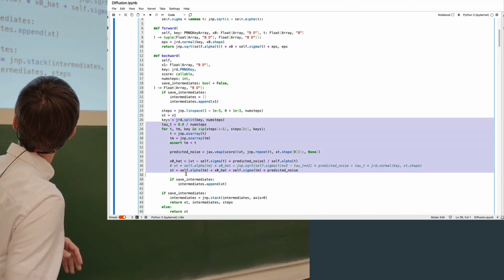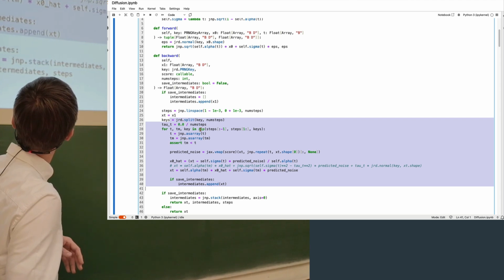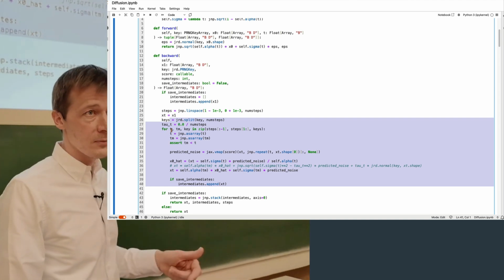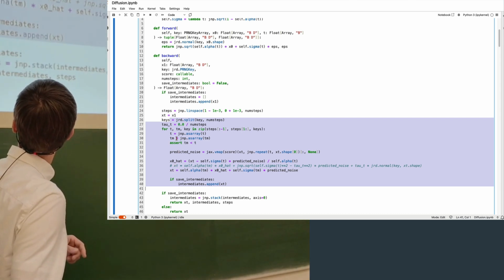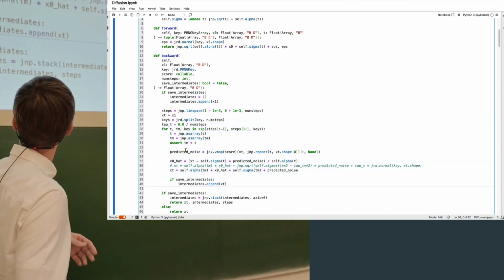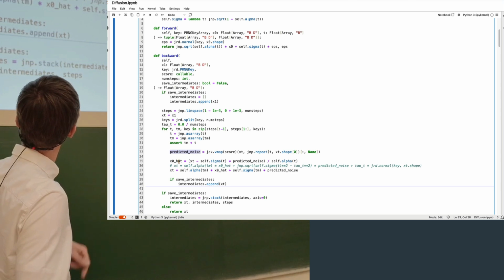Then I can go back in time. This is what happens here. This is a slightly unwieldy Python expression. We go backwards through the time steps from 1 towards 0, and we always keep pairs of t and t minus 1. And then compute t minus 1 from this update rule that I had on the slide. For that, we first ask our model to predict what the noise was.